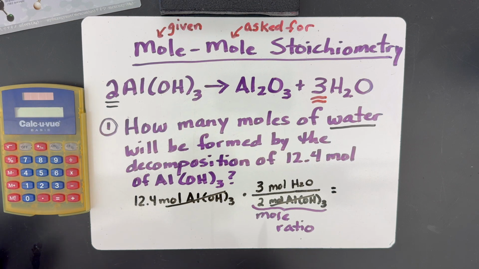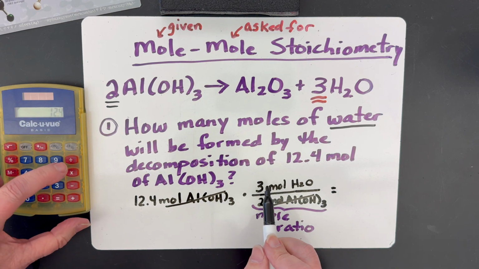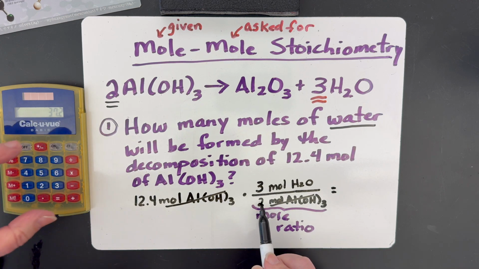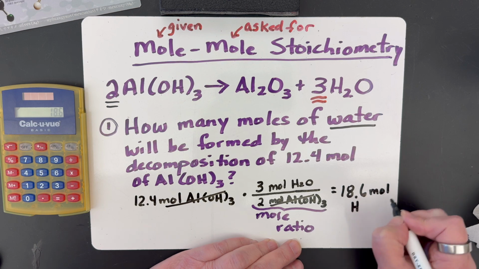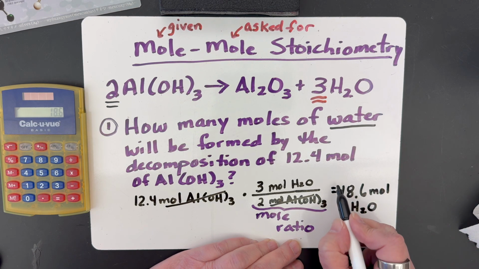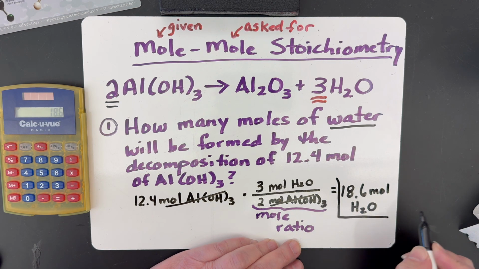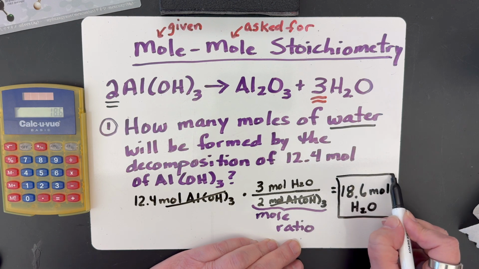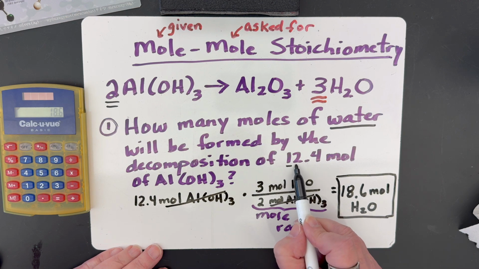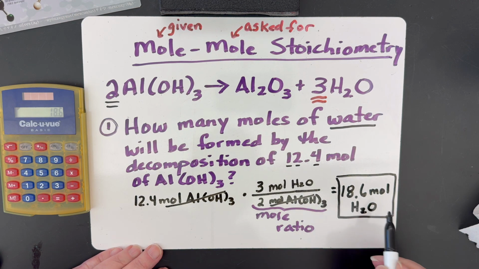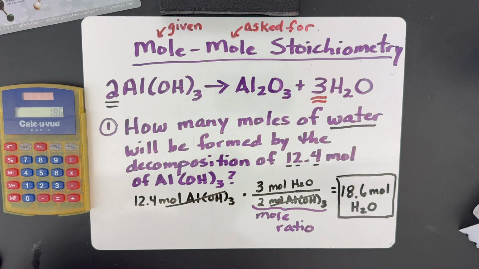So we are going to take 12.4 times 3 divided by 2, and we get 18.6 moles of H2O as our final answer. Notice there are 3 digits in our given number, and there are 3 digits in our answer, so our significant figures are correct, if your teacher requires those of you.